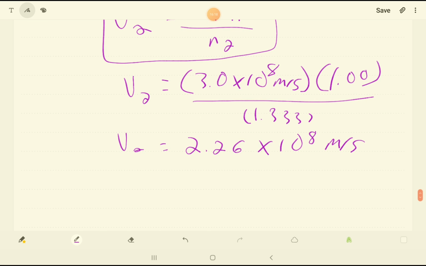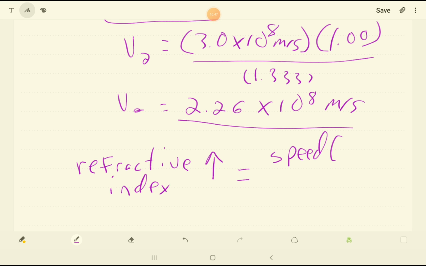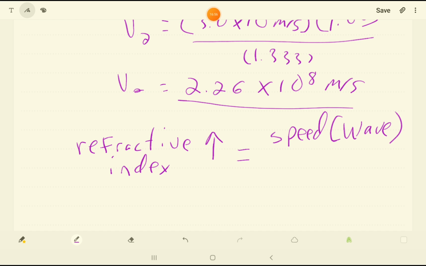And so the relationship that I want you to see here is, you can see that it actually slows down a little bit. And so as your refractive index increases, so we're going to write as the refractive index, which are your n values, increases, your speed, and that'll be wave speed, actually your speed of the wave would decrease.